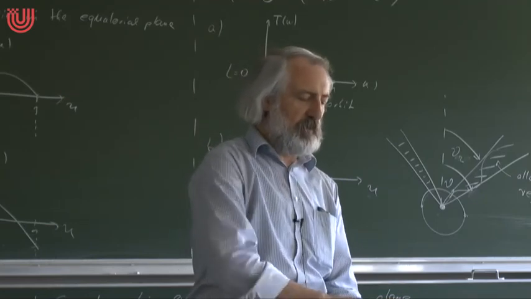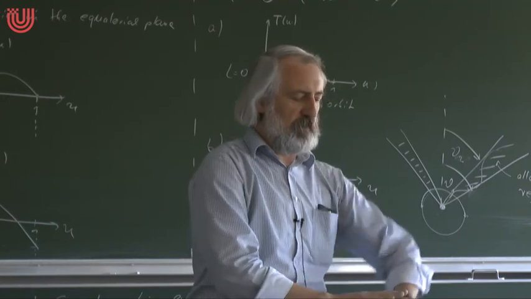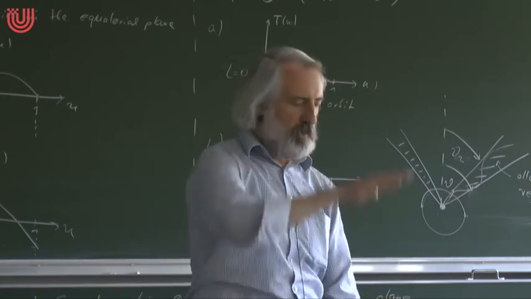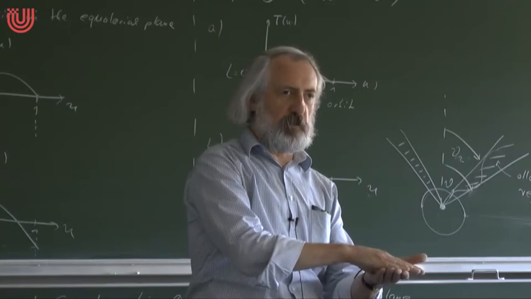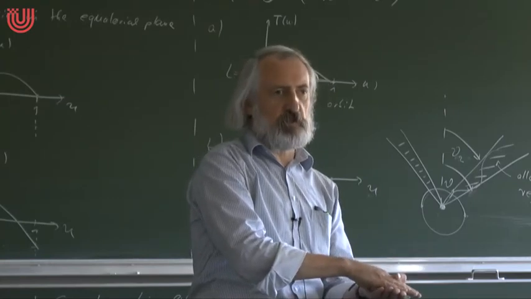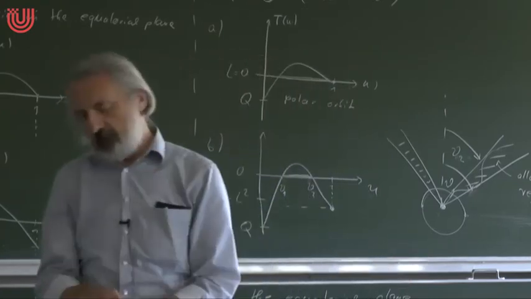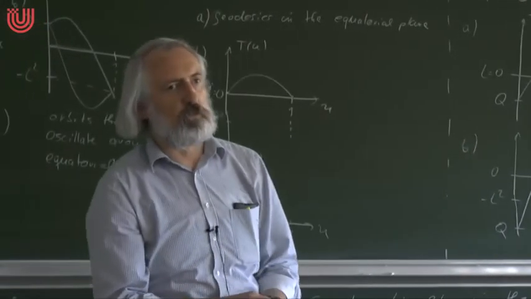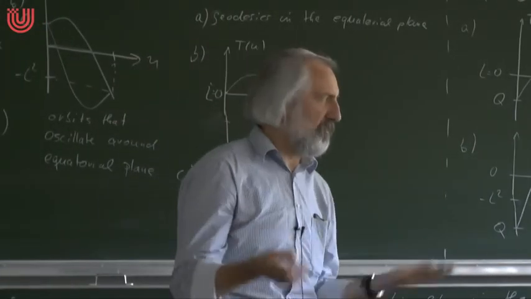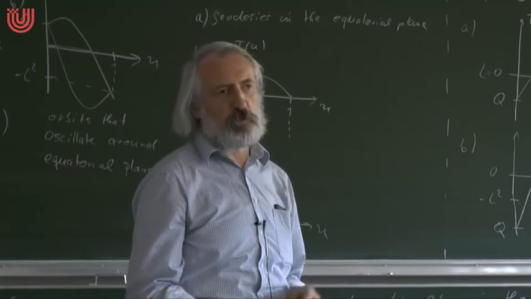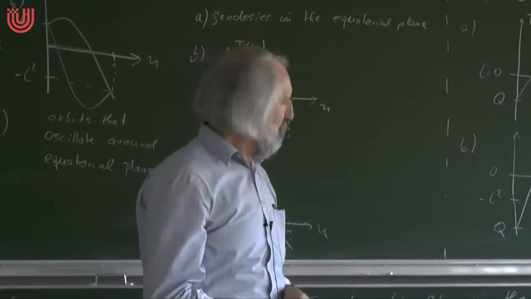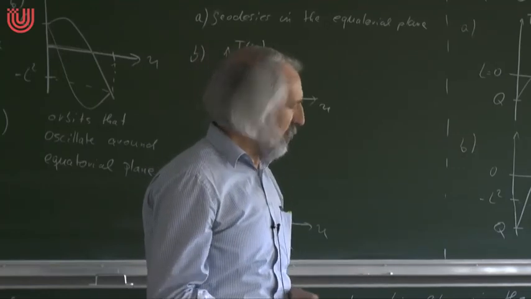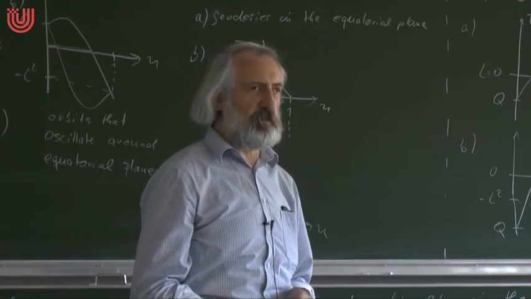Or two disks, one rotating in this direction and the other rotating in this direction, but you consider the limit that they coincide. So this also works. These are the kinds of interior solutions which have been found. All of them look highly pathological or contrived. So nobody would think that something like that exists in nature.